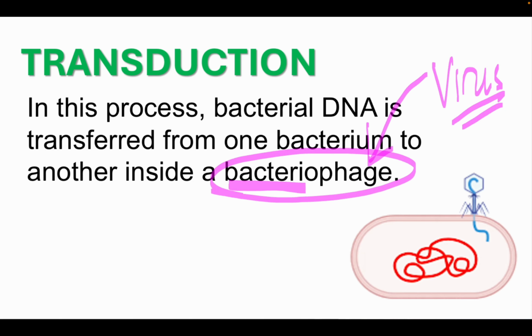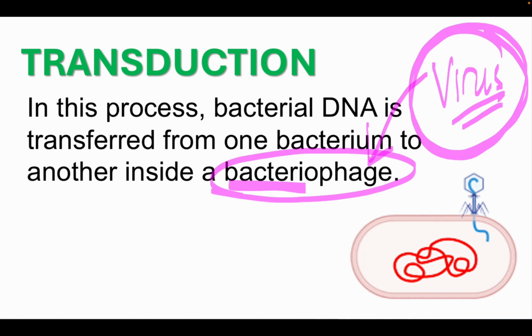To make it simple, this transduction, class, is a process whereby a foreign DNA is introduced into another cell via what vector? What type of vector? Okay, very good. Viral vector in the form of bacteriophage. The transfer of the bacterial DNA from one bacterium to another via a viral vector.